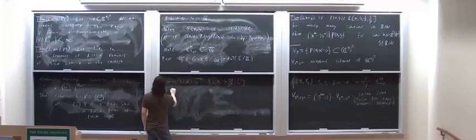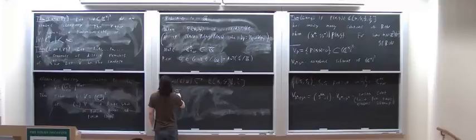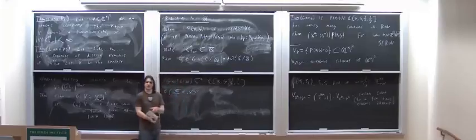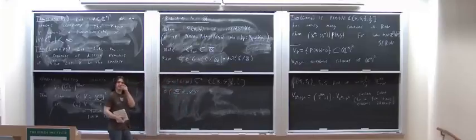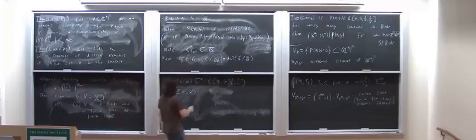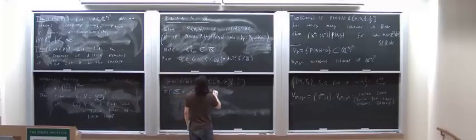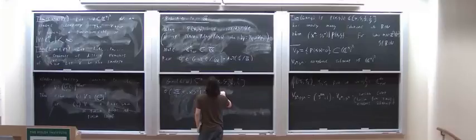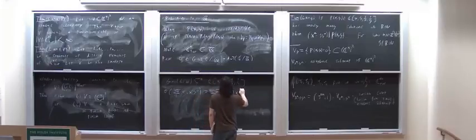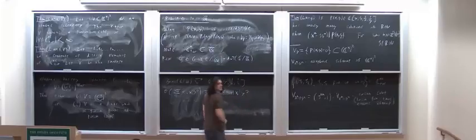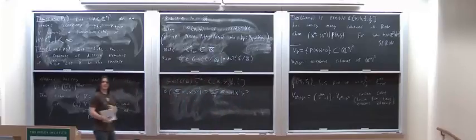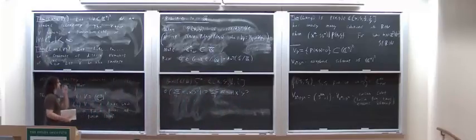So sigma of the sum of a_ij x^i y^j, where we're allowing i and j to be negative as well as positive, and it's a finite sum, we're just going to define this to be the sum of sigma applied to a_ij, times x^i y^j. So it's a fairly innocuous definition.